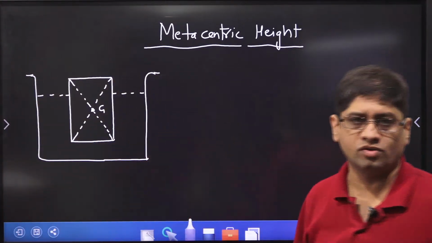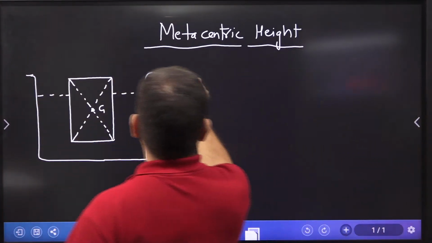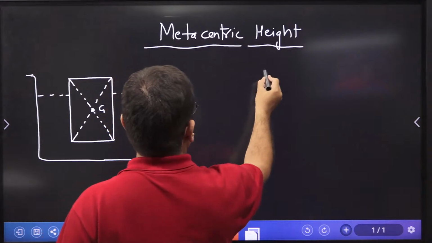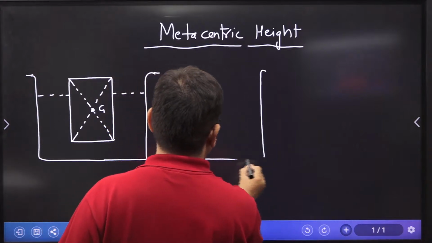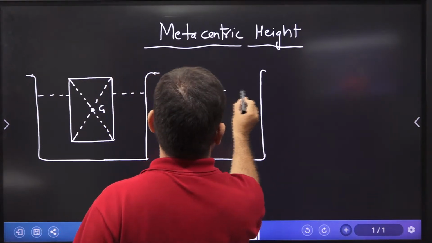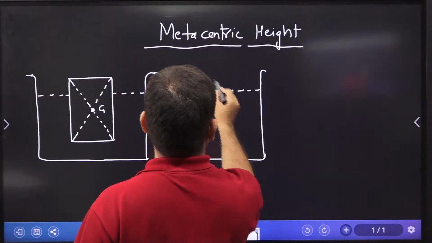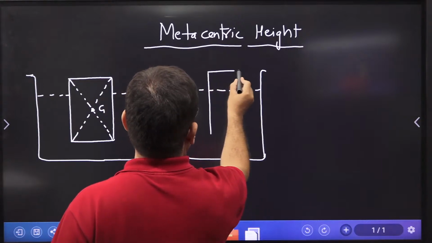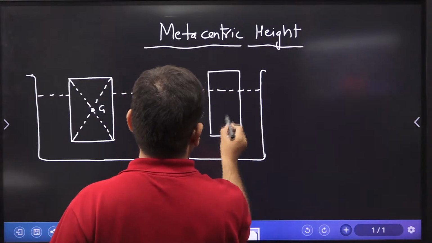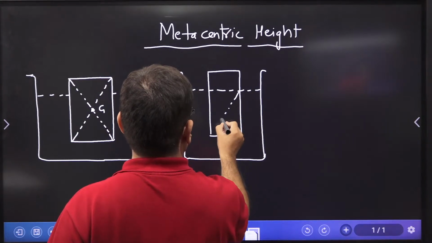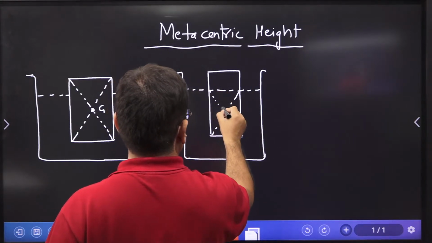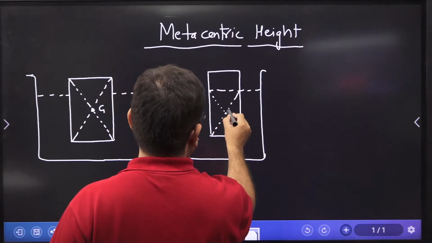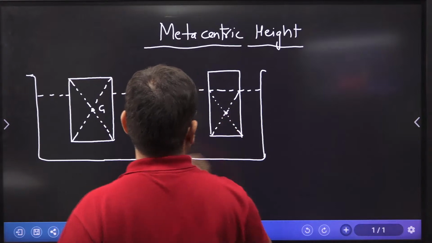This is how it is found. Now you should also know the significance of these two points. So let me give you this diagram here. I'm giving you one floating body here, and for this floating body I'm showing the center of buoyancy and the centroid of this particular body.